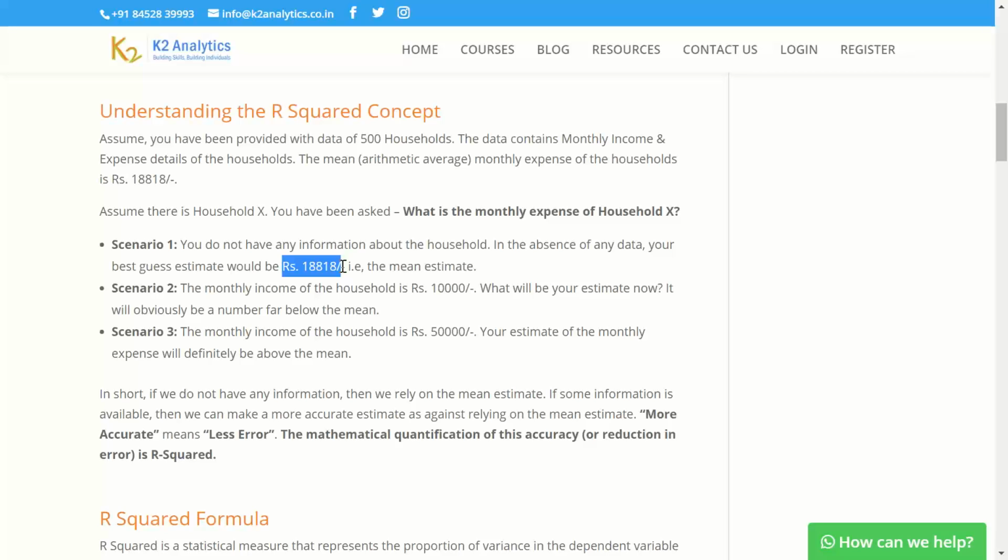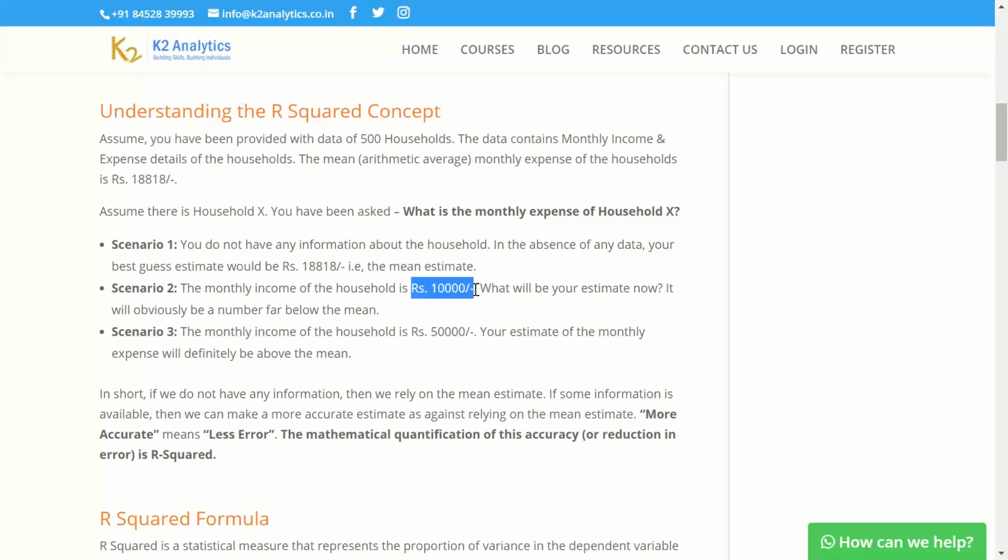Now, if I give you the information that the income of the household X, for which you have to estimate the expense, is rupees 10,000.